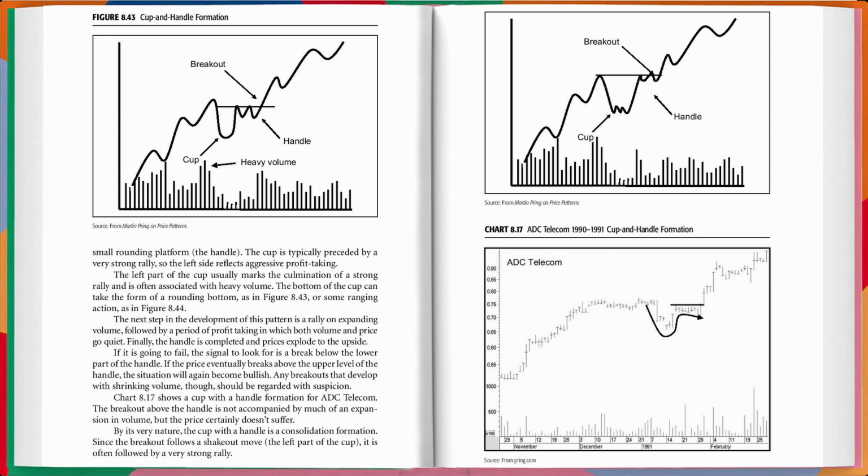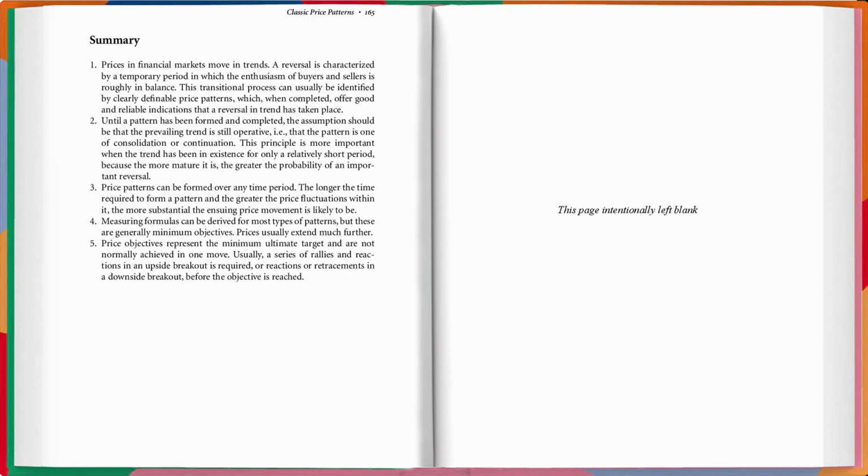The breakout above the handle is not accompanied by much of an expansion in volume, but the price certainly doesn't suffer. By its very nature, the cup with a handle is a consolidation formation. Since the breakout follows a shakeout move, the left part of the cup, it is often followed by a very strong rally.